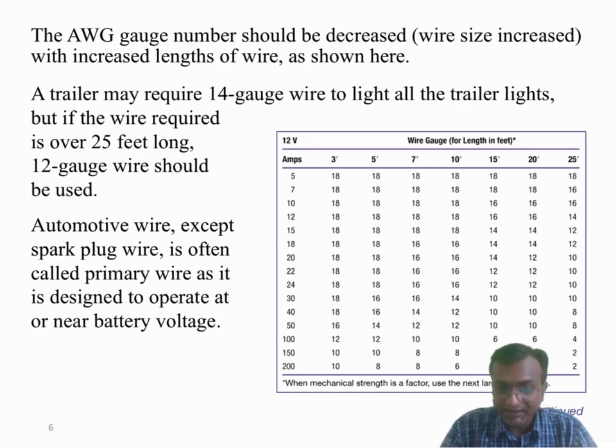If the length of the wire increases, in order to reduce the energy losses, we have to increase the diameter of the wire. For example, if you run a 20-foot wire to the back of a trailer, it is safer to go up in thickness from 14 gauge to 12 gauge wire to ensure that the wire does not heat or lose power.